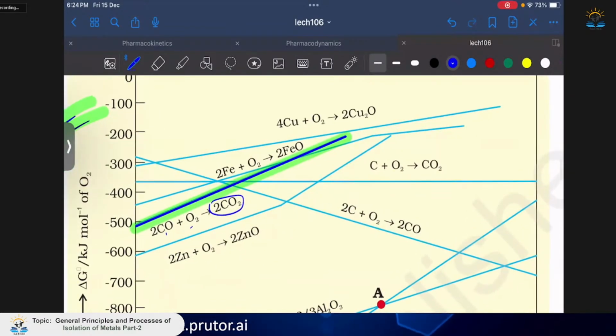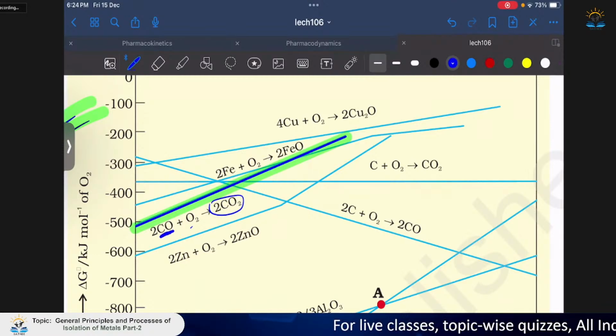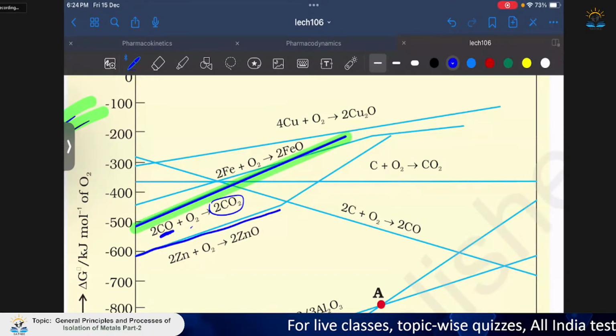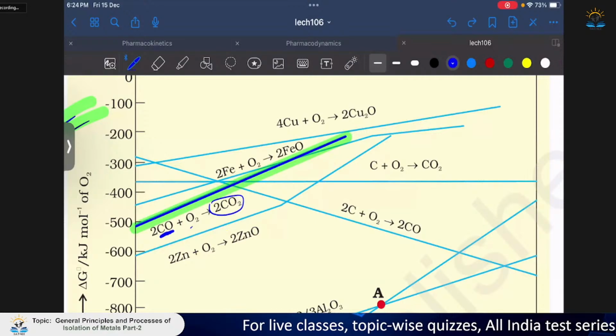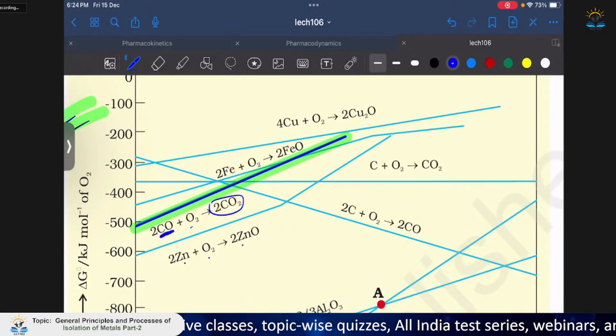Now, suppose you want to reduce zinc oxide. You want to reduce zinc oxide using carbon monoxide as the reducing agent. So this is the reducing agent. We are talking about this reaction now. This reaction shows zinc being converted to zinc oxide.